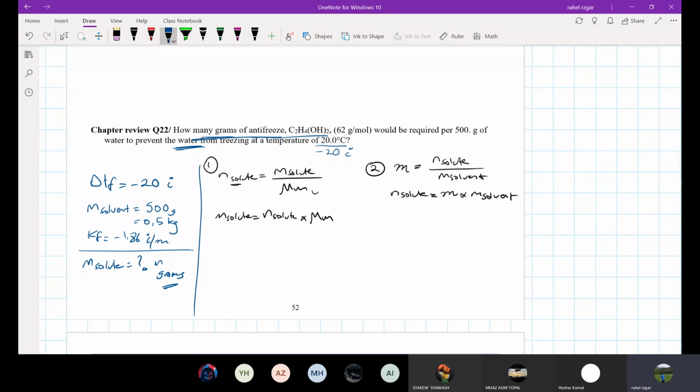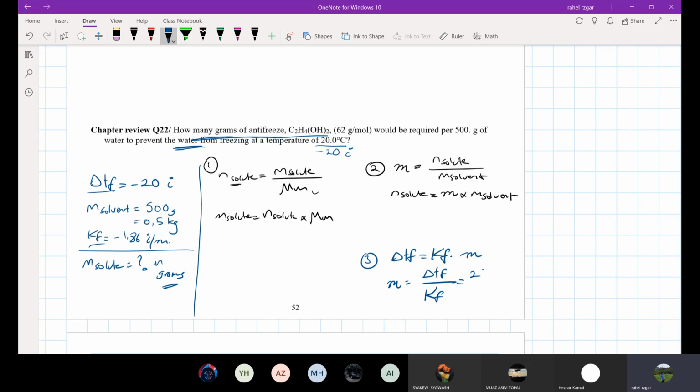How can we get molality also? Let's see what else is given. We can see delta TF is given, KF is also given. Can we derive molality from these two things? Yes. How? We know delta TF is equal to KF times molality. So molality is equal to delta TF divided by KF.